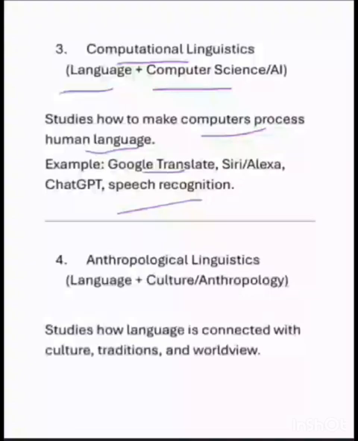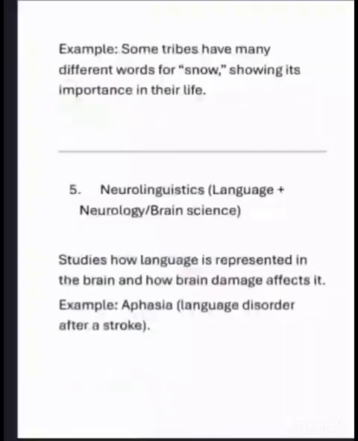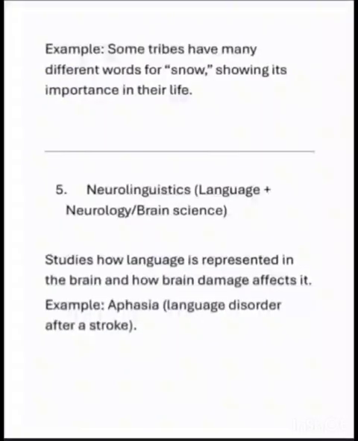Then we have anthropological linguistics. Anthro is related to our culture, our humankind, mankind. So, language plus culture: how our language is connected with our traditions, culture and worldview. For example, some tribes have many different words for snow, showing its importance in their life.